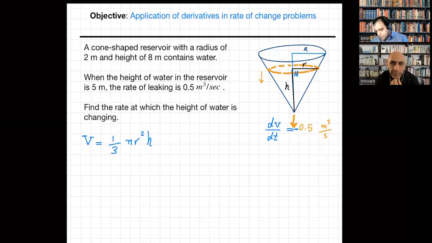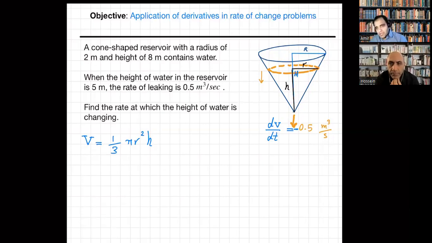We use the proportionality of triangles here to obtain the relationship between r and h. We have this larger triangle and this smaller triangle, and they are proportional because they have one angle in common here and also one angle which is 90 degrees in common there. Therefore, we can use the proportionality theorem.